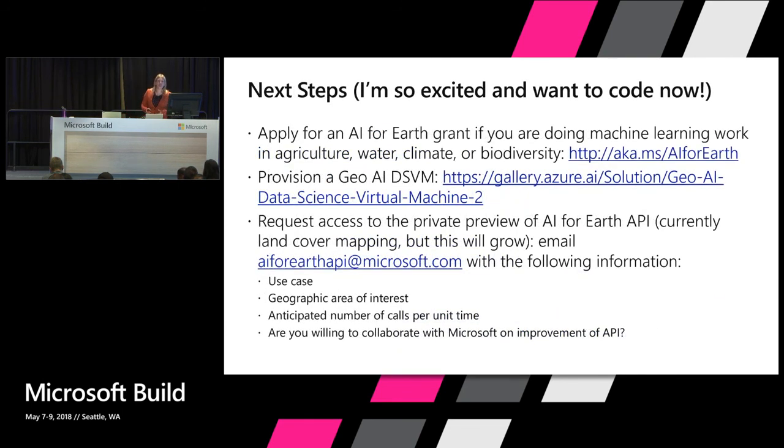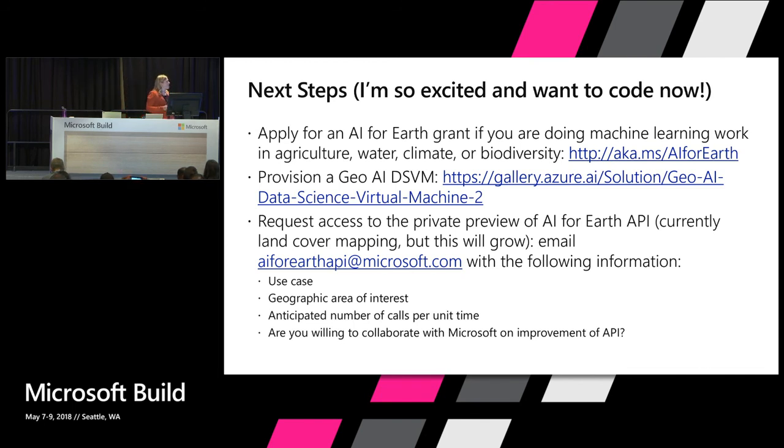All right. So hopefully you're pumped. You're like, let me get started. What can I do right now? A couple of things. If you are doing any kind of work using machine learning in the areas of sustainability, in agriculture, in water, in climate change, in biodiversity, submit a grant. We'd love to help you and enable you to be successful.